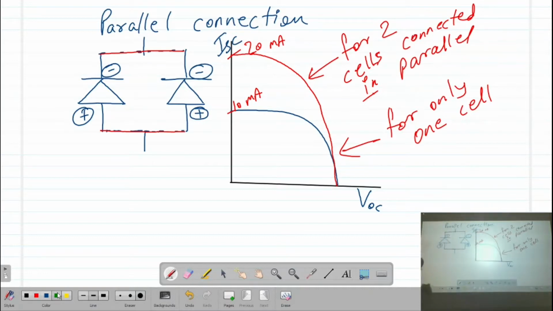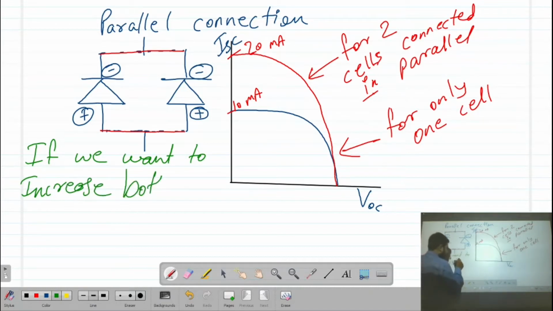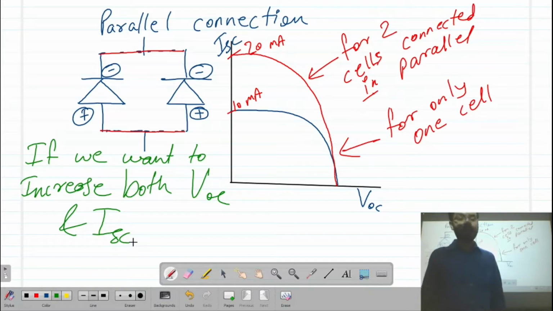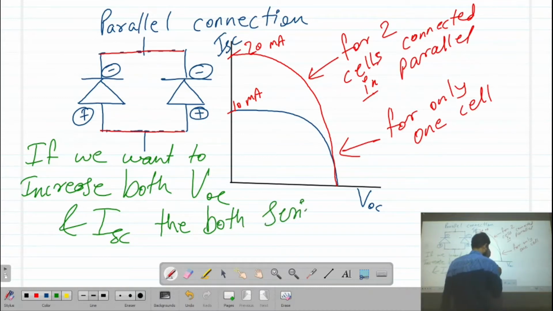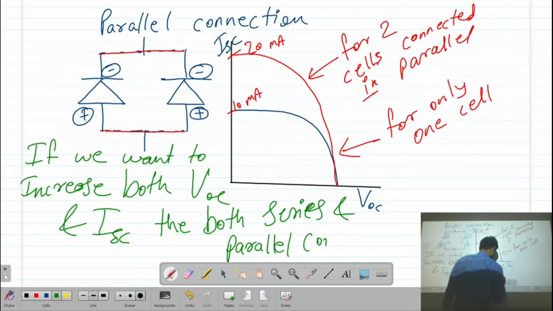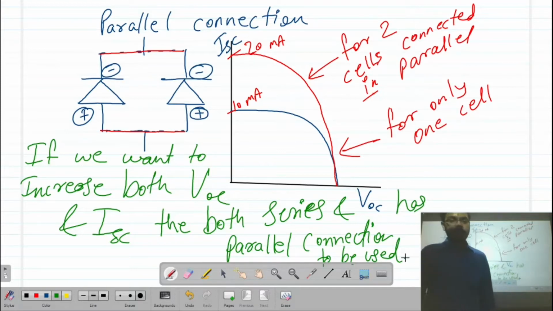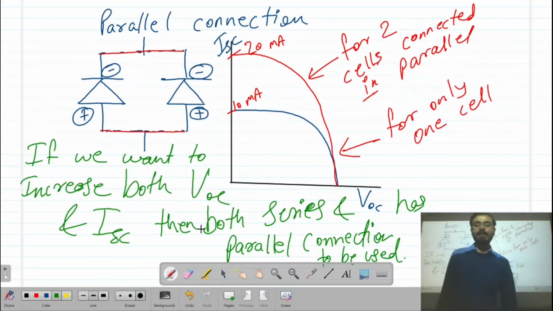Now if we want to increase both VOC and ISC, then both series and parallel connection have to be used.